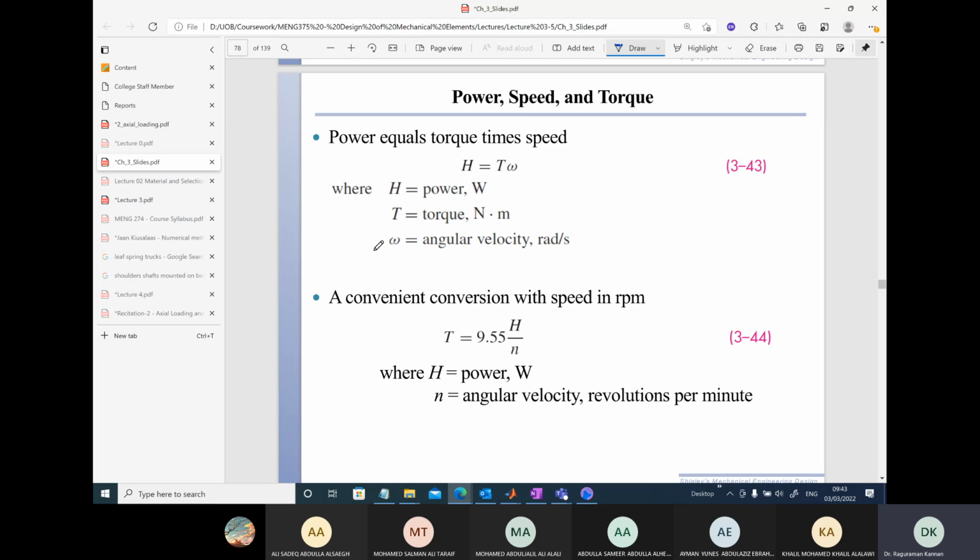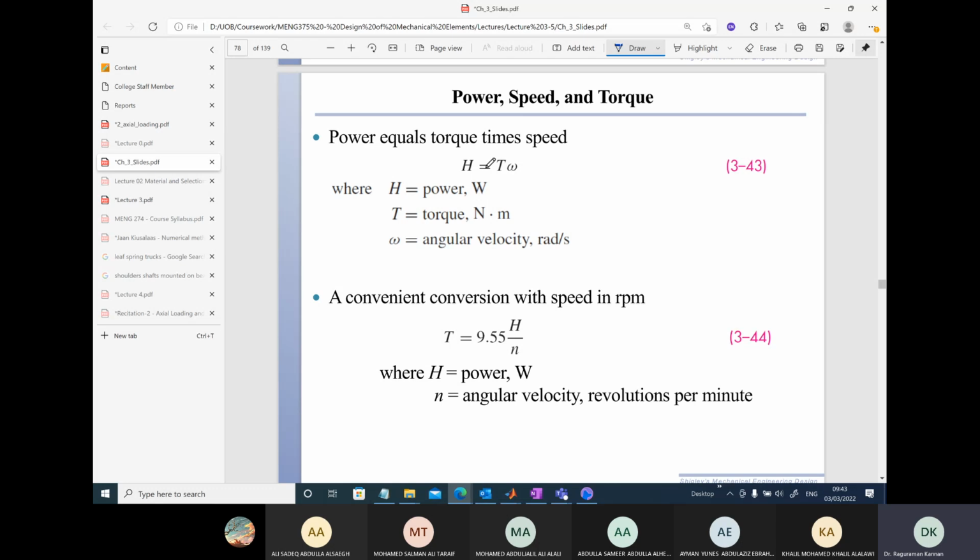So a particular torque value or speed, etc. These are the values which we specify. So we need a relationship between power, torque, and speed of rotation. What is the formula? Torque times angular speed is the power.